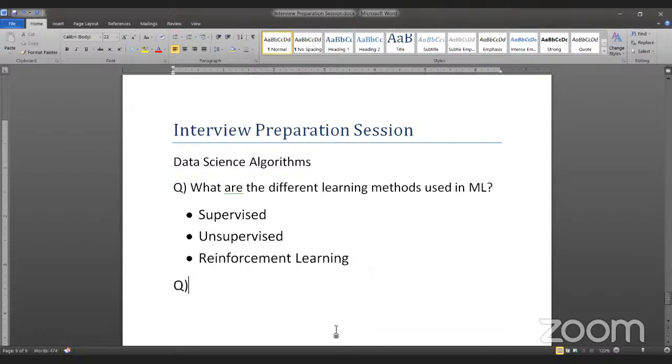What is the difference between these three learning methods?